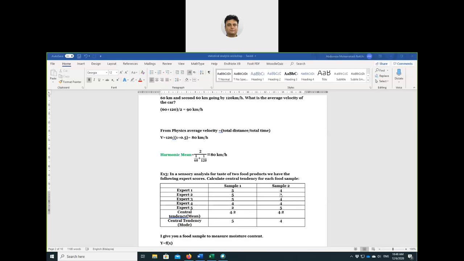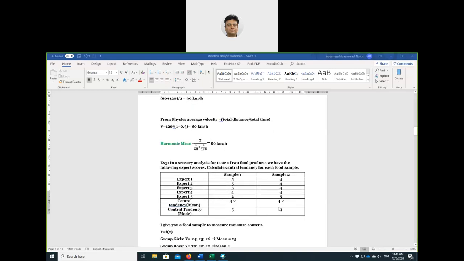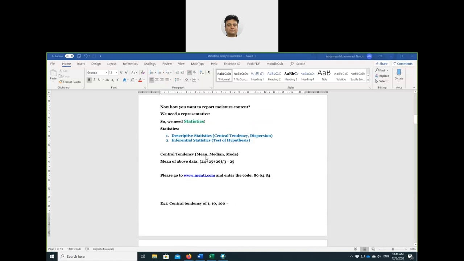So in sensory analysis, it is better to report the mode instead of the arithmetic mean. This is the first part of descriptive statistics, the central tendency.